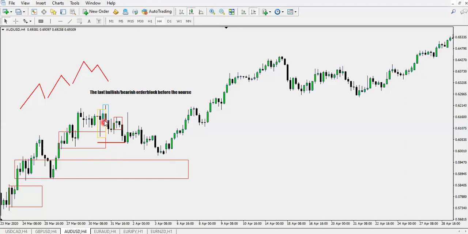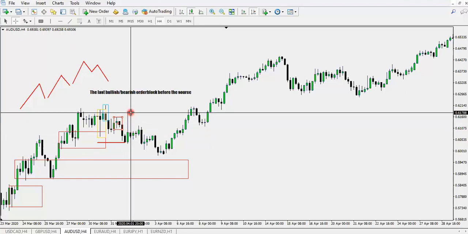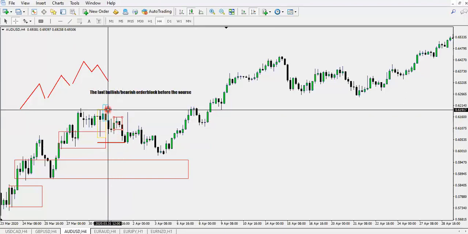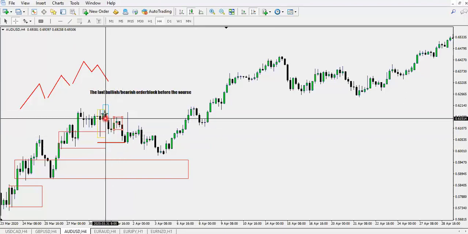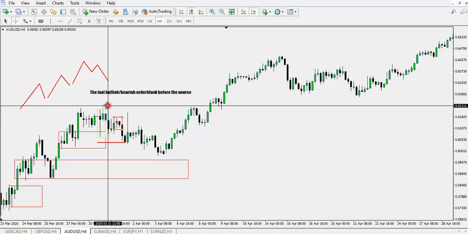You can see that price is now starting to come down, and this candle here came inside of not only this bearish order block, but it is inside of our breaker block, and it is also inside of our source.